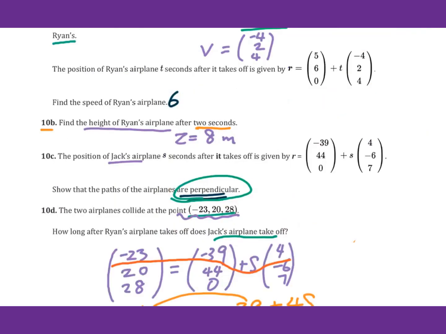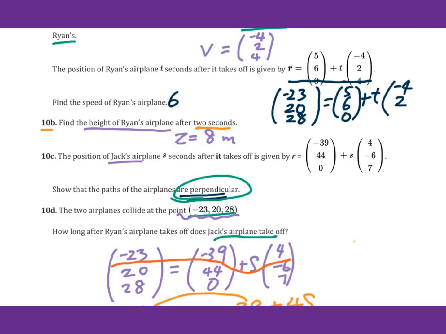Now I plug into this vector equation. That is negative 23, 20, 28 equals 5, 6, 0 plus t times negative 4, 2, 4. We just use the first row to set up this equation so that we can solve for this t.